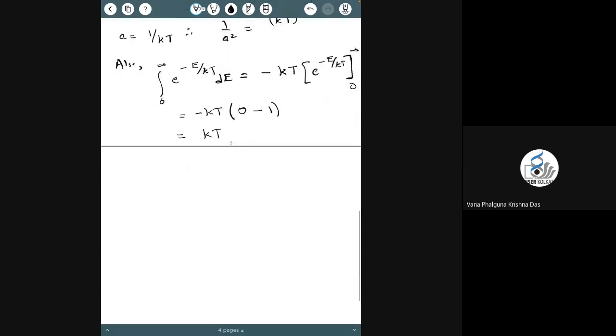simple enough. Then the average energy expression. I'll put a classical subscript over here because this is from the Boltzmann distribution. And you have kT squared as the numerator and kT as the denominator. So the average energy is kT.